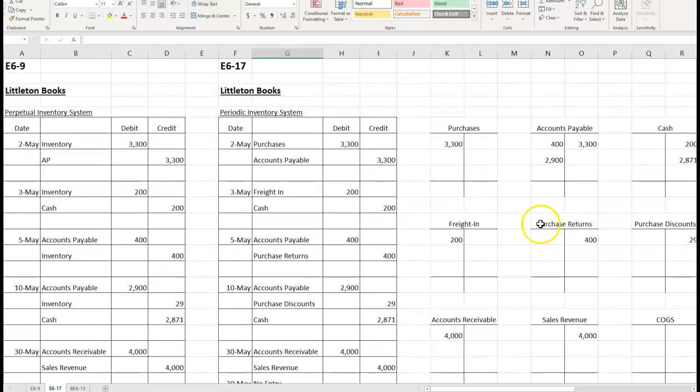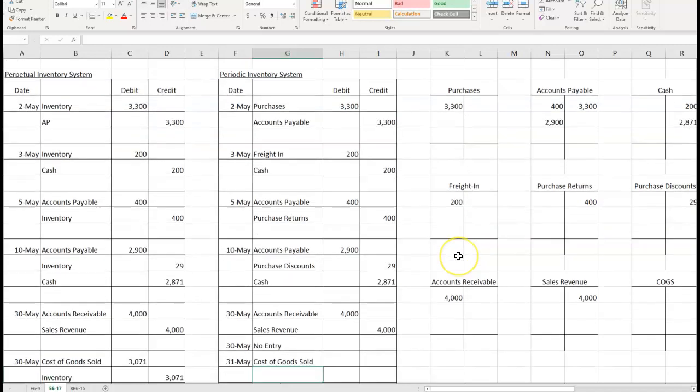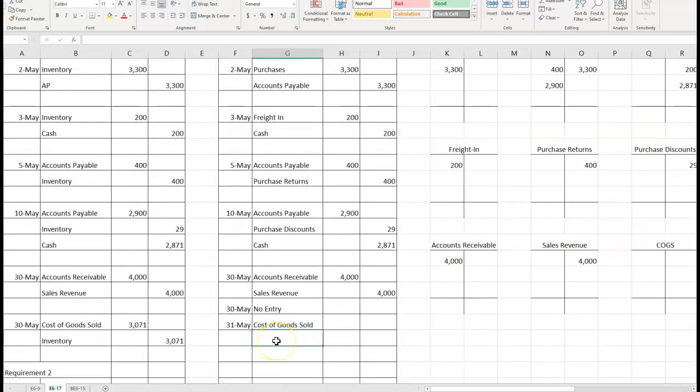We need to close the purchase returns account and the purchase discount account because they have credit balances. We're going to debit them. So we're going to debit purchase returns and debit purchase discounts. So that debit will be $400 and $29.